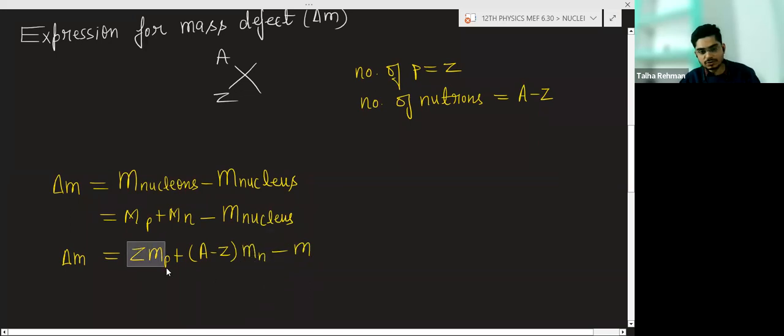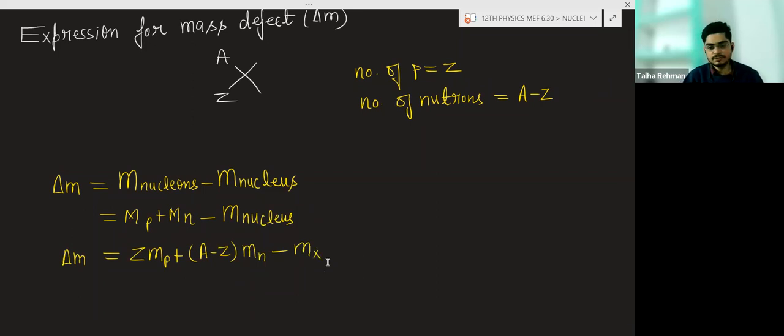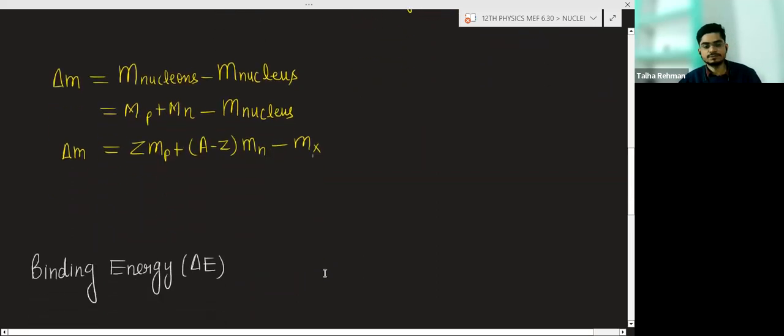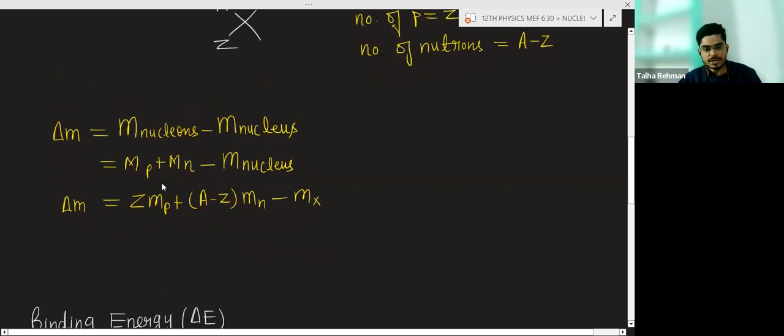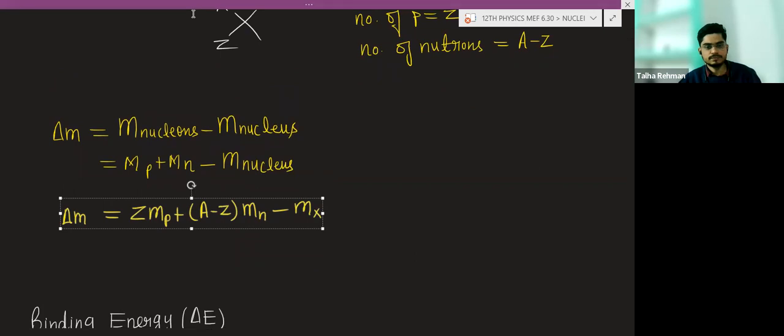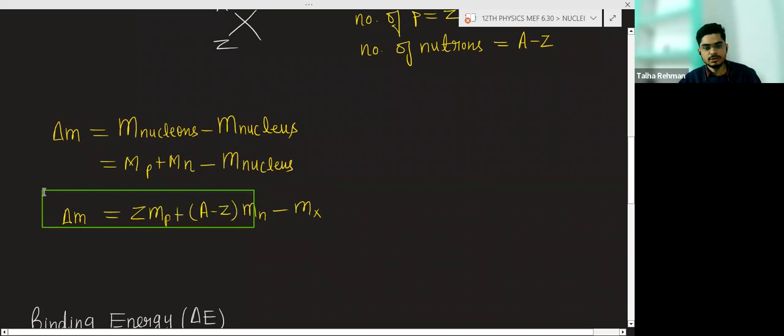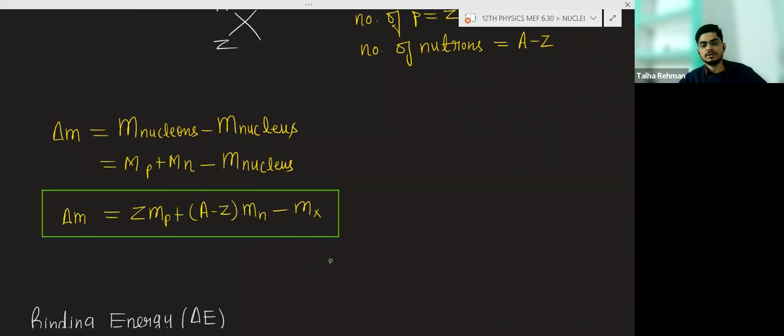So this is the mass of all the protons, this is the mass of all the neutrons, and together this is the mass of the nucleons. M I am considering as the mass of the nucleus of X. So this is the expression for the mass defect.